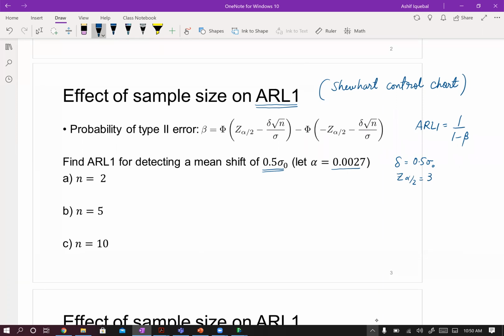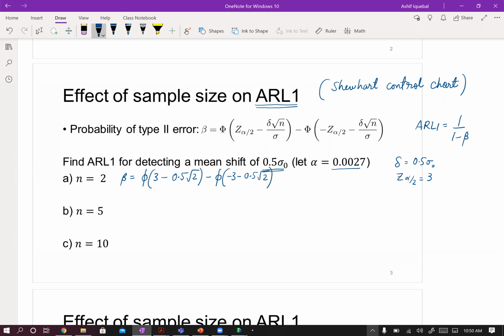Now this is very standard. All of you have done this multiple times. So let's quickly go through this. For n equals 2, beta will be equal to phi of 3 minus 0.5 sigma naught, and then sigma naught gets cancelled from numerator and denominator, and the value of n is 2, so this is square root of 2, minus phi of minus 3 minus 0.5 square root of 2.